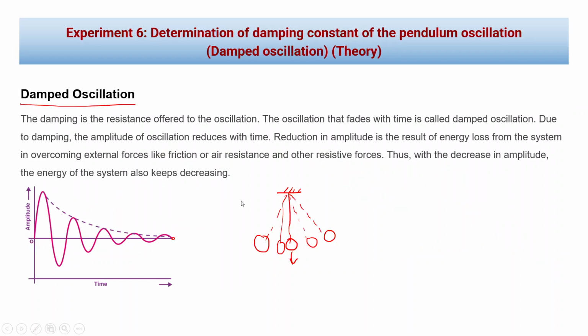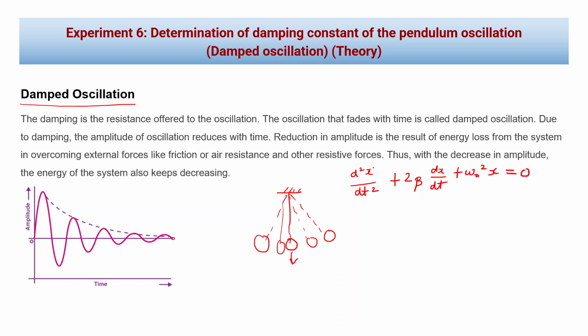Now for the damped oscillation, we'll have a damping factor here. Like earlier, we have the acceleration term d2x by dt square, plus 2 beta, where beta is the damping factor, times dx by dt, that is the velocity, plus omega naught square x equals 0.